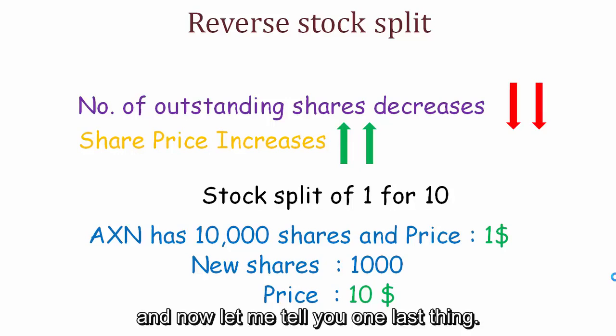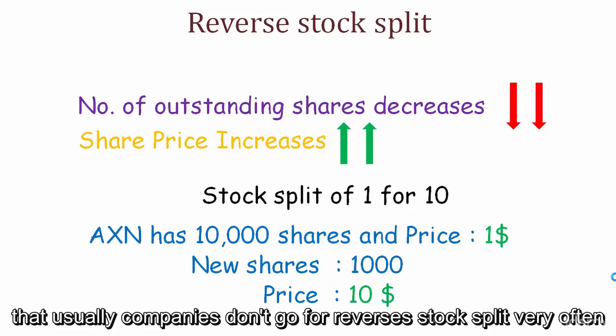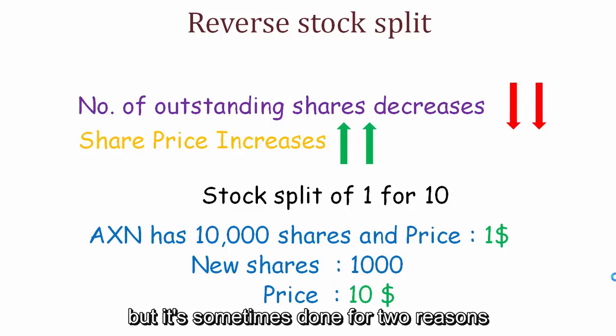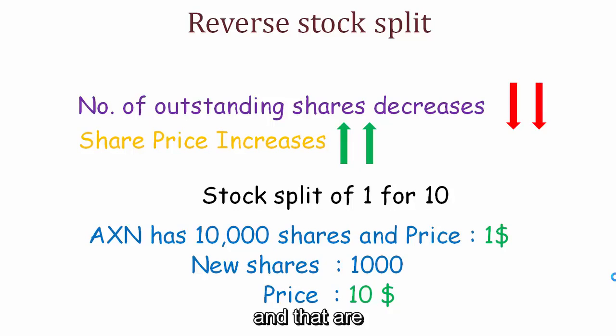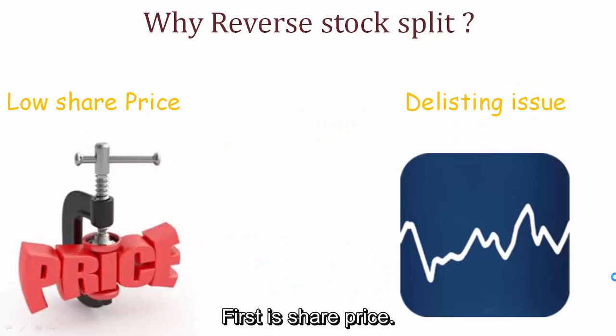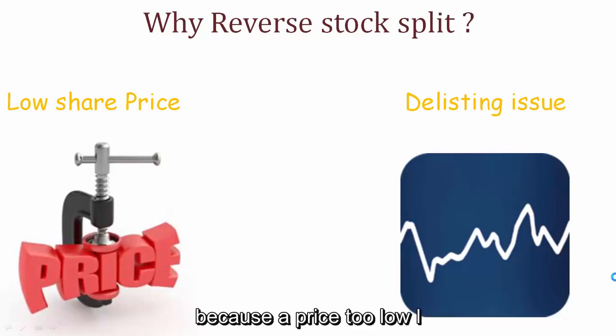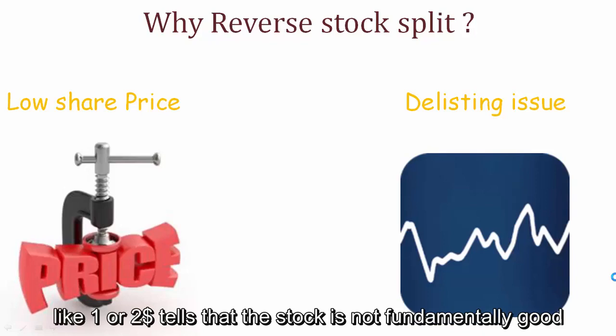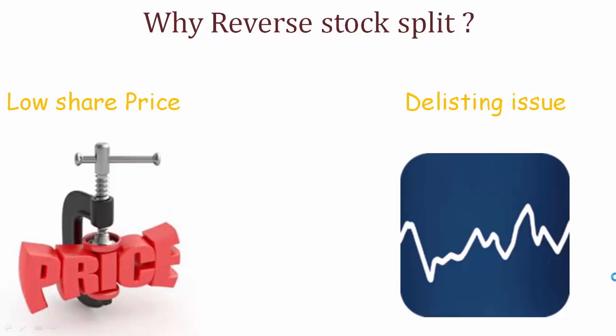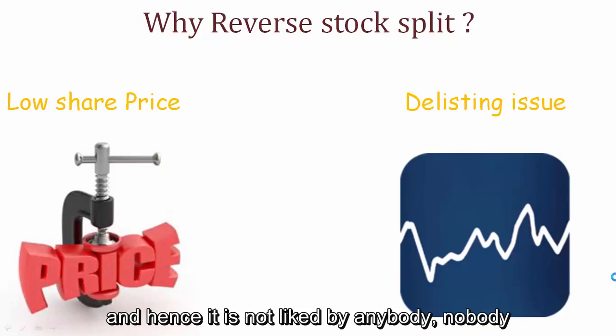Now let me tell you one last thing: usually companies don't go for a reverse stock split very often, but it's sometimes done for two reasons. The first is share price. Very low price stocks are avoided by most people, because a price too low, like $1 or $2, suggests that a stock is not fundamentally good, and hence it is not liked by anybody.